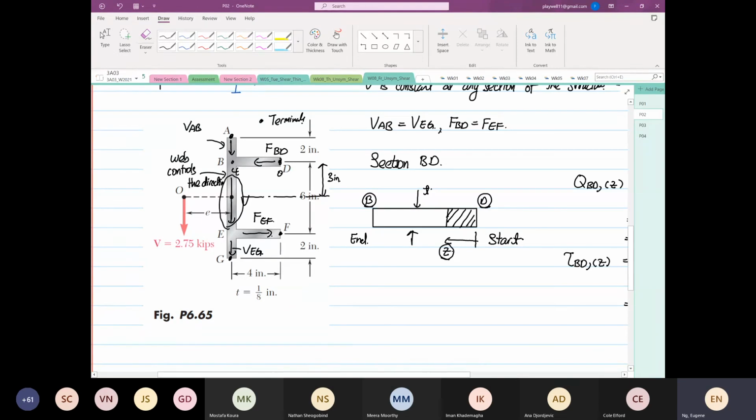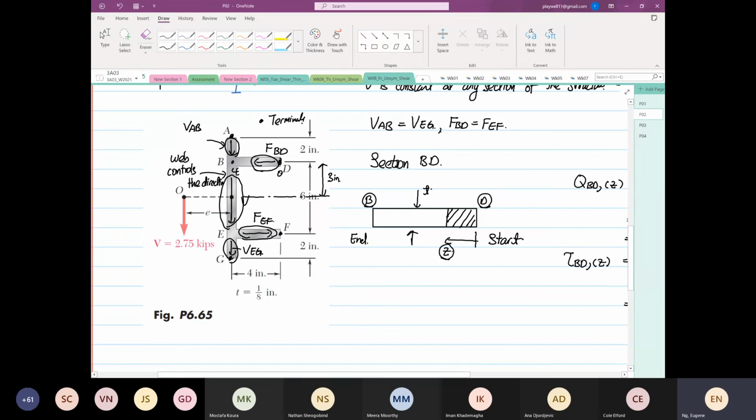Any force below the centroid will disperse itself. Does that make sense? So this one will contribute to the V, because it's above the centroid. This one is a no-brainer. When it's below the centroid, it will move away from the V at the web.